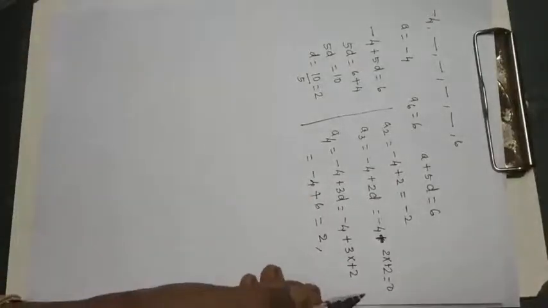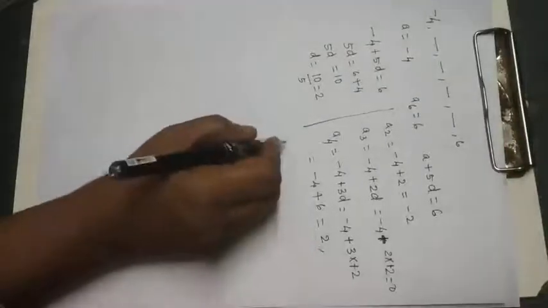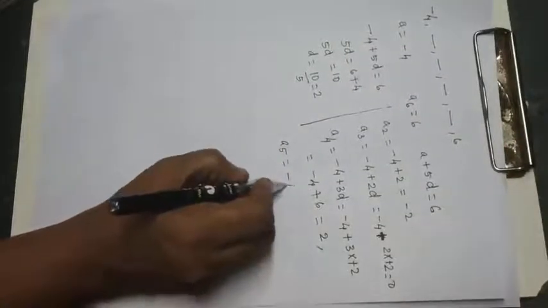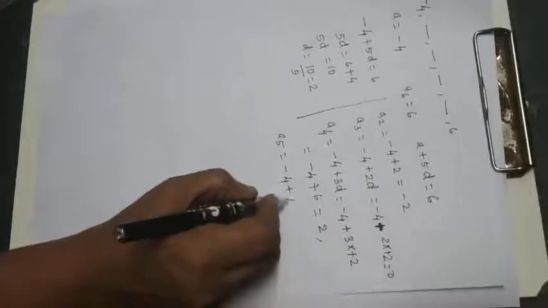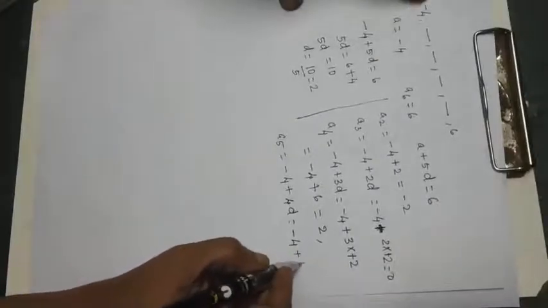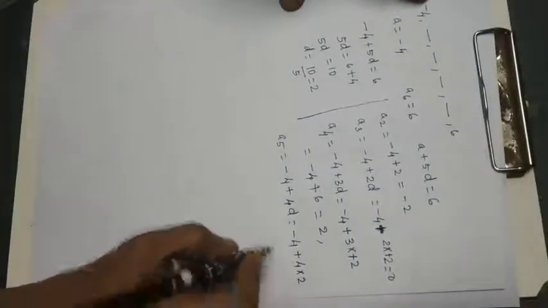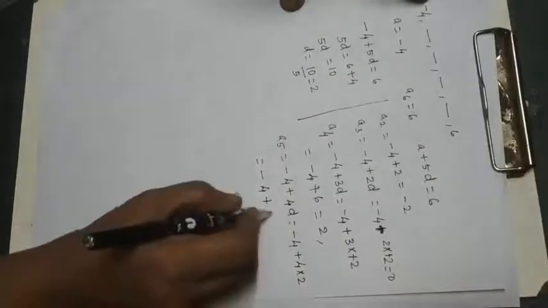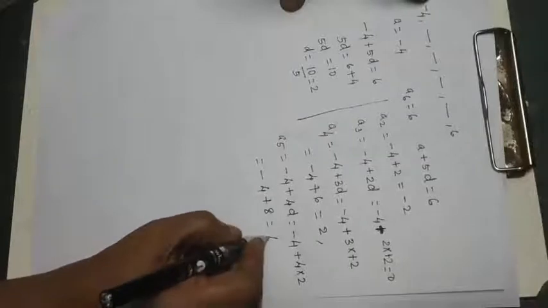Now A5: negative 4 plus 4D, negative 4 plus 4 into 2, negative 4 plus 8, that is equal to 4.